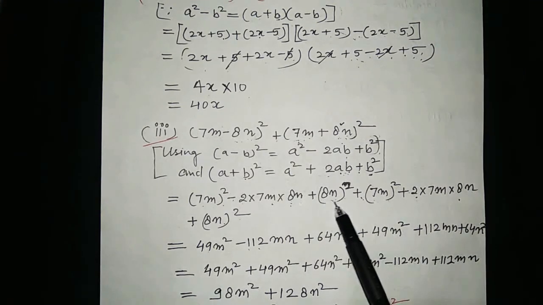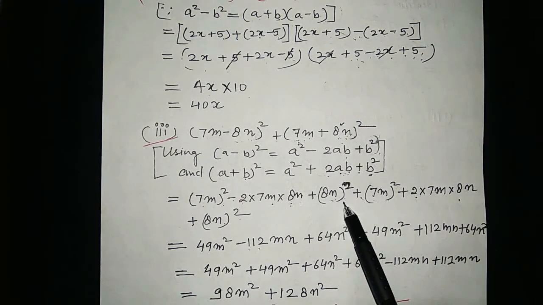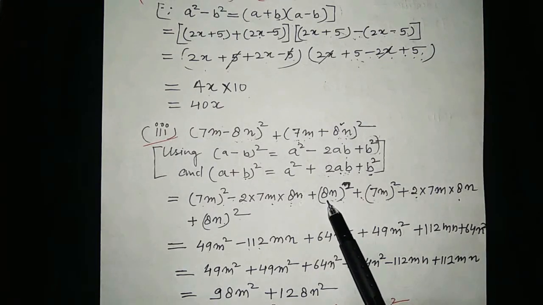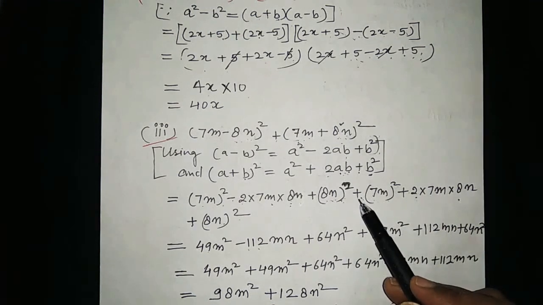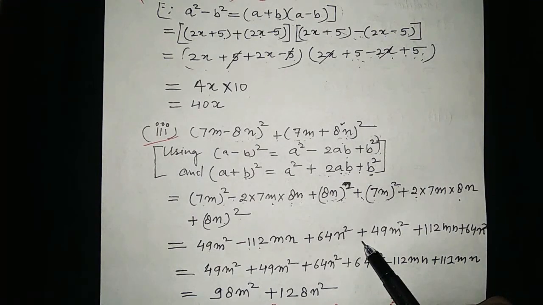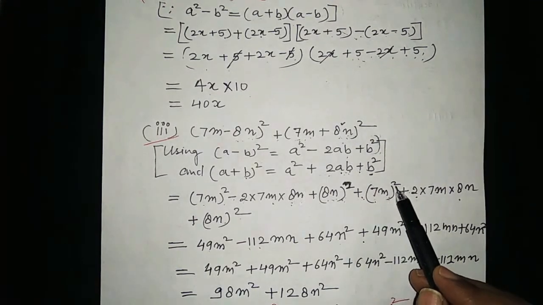After this plus 8n square we will take. For (8n) whole square, 8 square n square. For this we will write 64n square. Clear? Now plus we will write (7m) whole square.